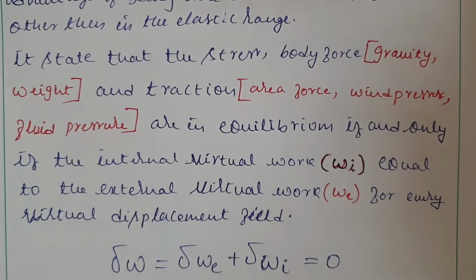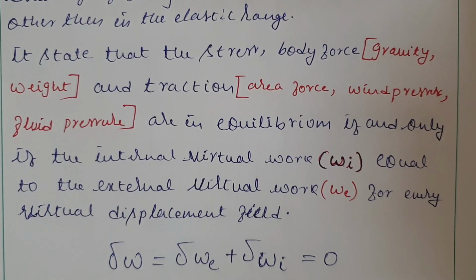It states that stresses, body forces, and even forces like area forces, wind pressure, fluid pressures, etc., are in equilibrium if and only if the internal work equals the external virtual work for every virtual displacement.